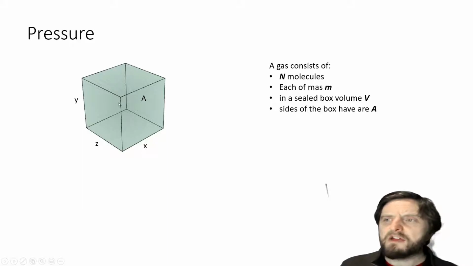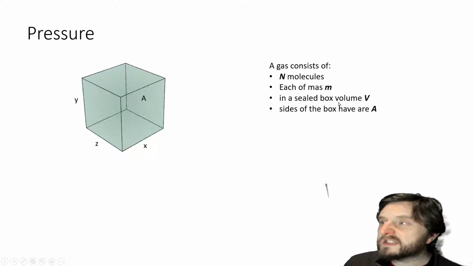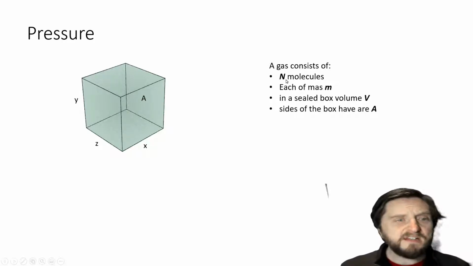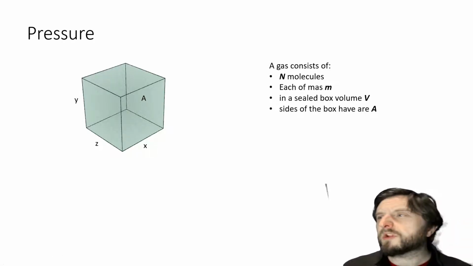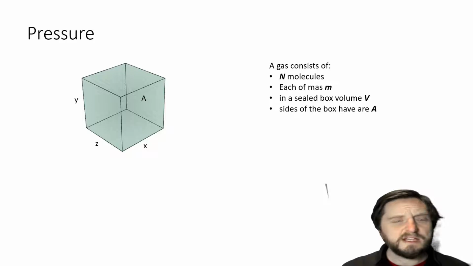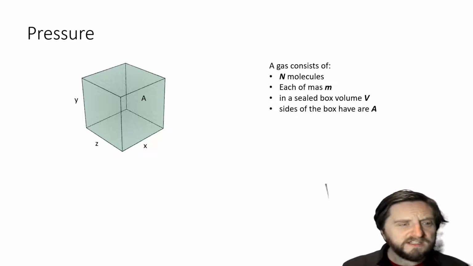And the area of one particular end, we're going to look at this far end on the right hand side here, is A. It's a sealed box with a certain volume. It has some fixed number n of molecules inside, and each of those molecules has a mass m. So we've got a bunch of identical spherical molecules inside this fixed volume.